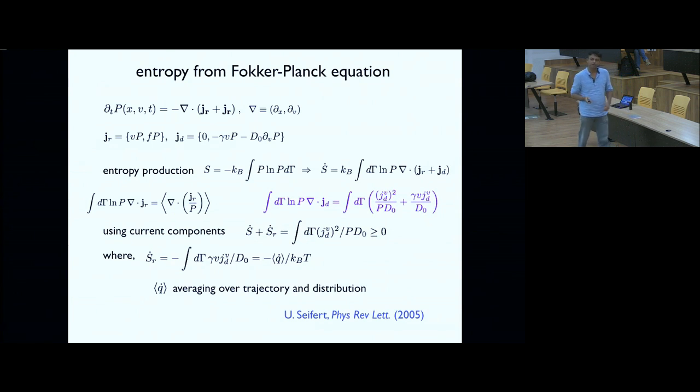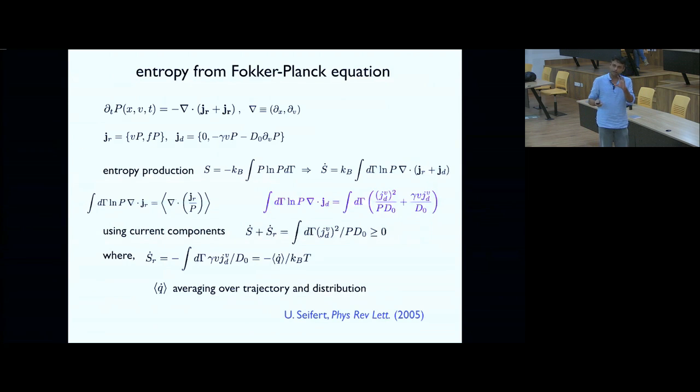And this extra bit, we can then show, is like a heat, like the entropy production in the reservoir. So that's Q̇ by T. I have this k_B sitting here. What we are getting is that this is a Q̇ averaged over trajectory and distribution, as nicely shown in this article.